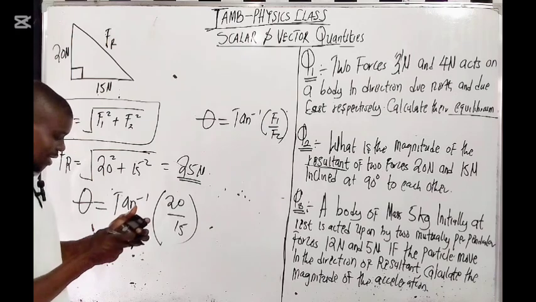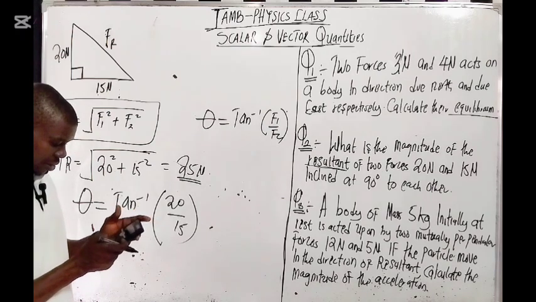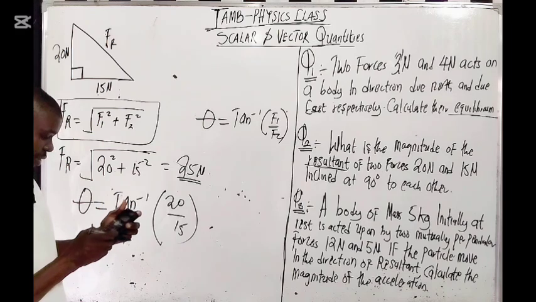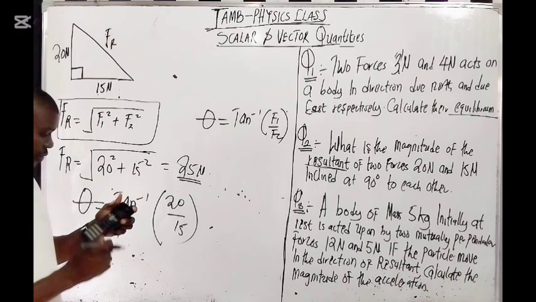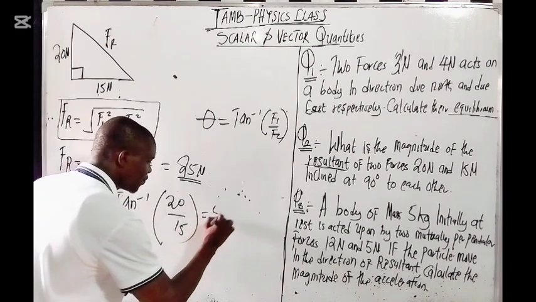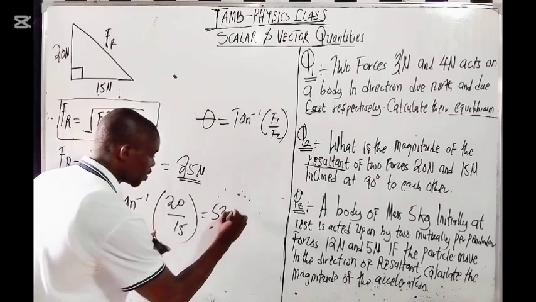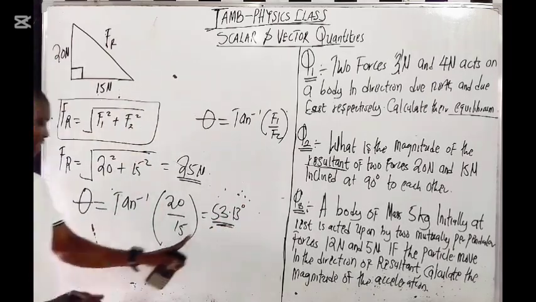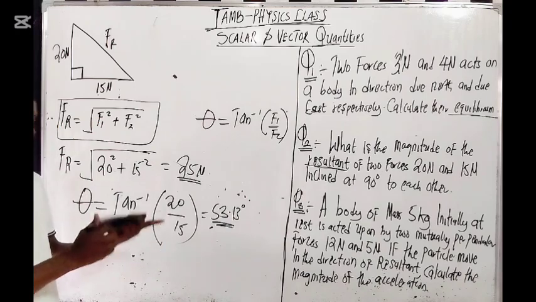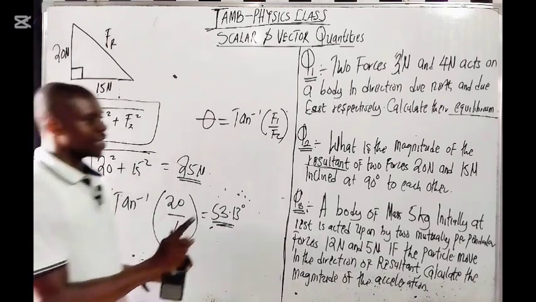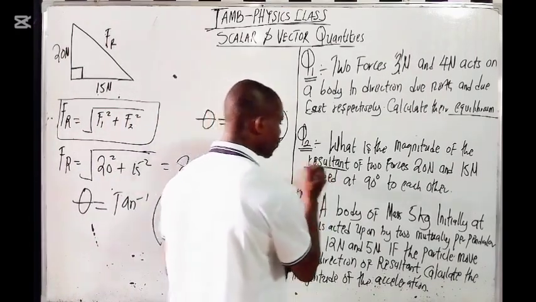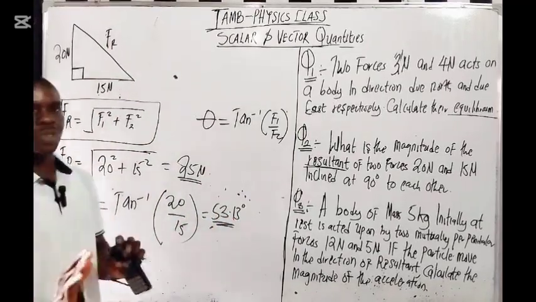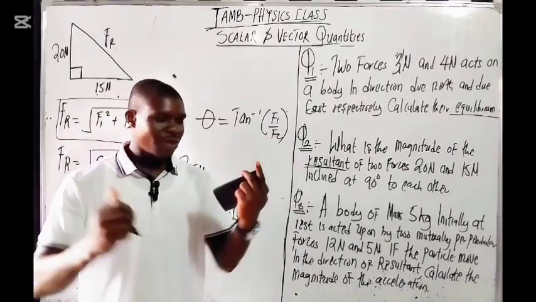So tan inverse, shift tan, 20 divided by 15, and here we have 53.13 degrees. This is the angle. But this question only says we should calculate the horizontal force, so there's no point in this. I'm just using this one to explain to you so you understand, right?